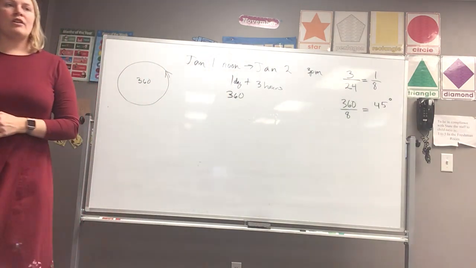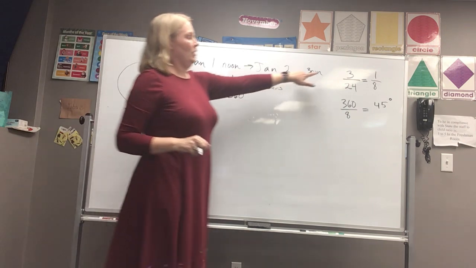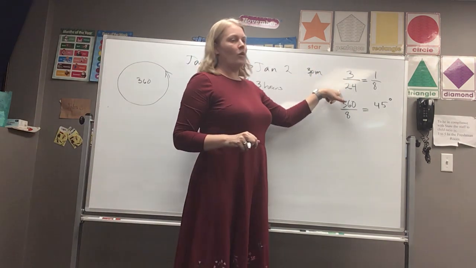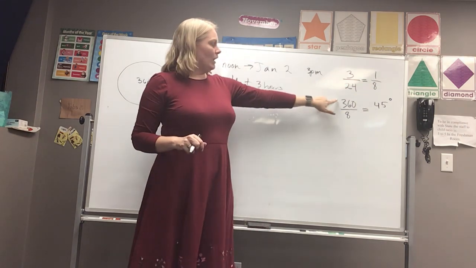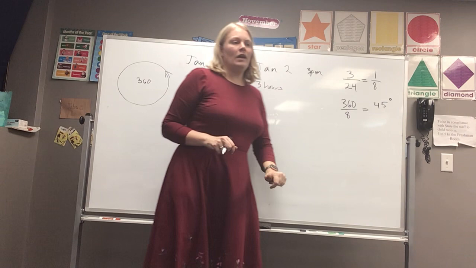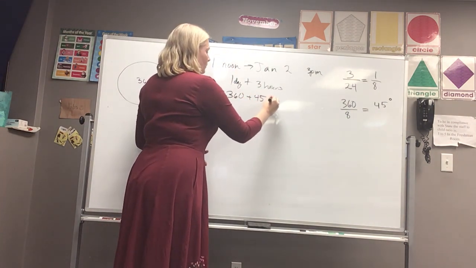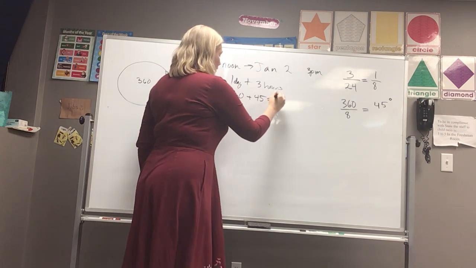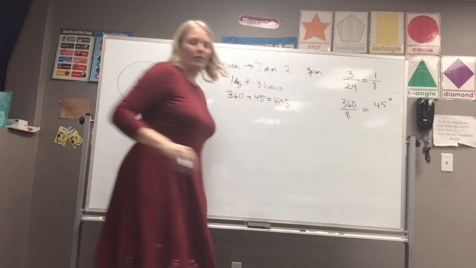It'll make your calculation numbers a lot easier. The 3 hours is 3 hours out of 24, or 1/8 of a day. And so we need 1/8 of our 360, and we get 45 degrees. 360 plus 45 will equal 405.